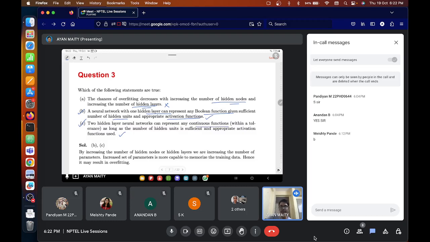In this case it asks about continuous functions, but it can do it for any functions. So any functions can be approximated even with one hidden layer or two hidden layers, that doesn't matter. So B and C are the two correct answers here.